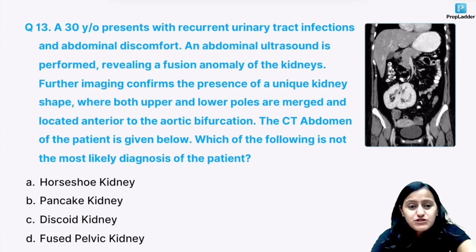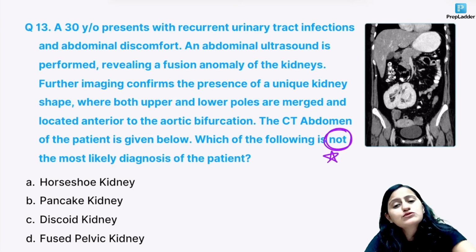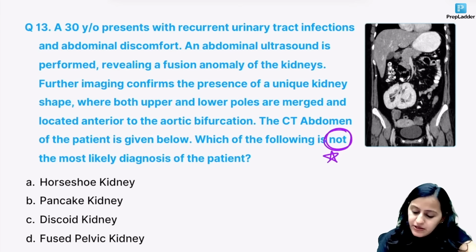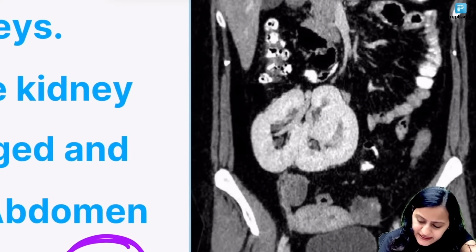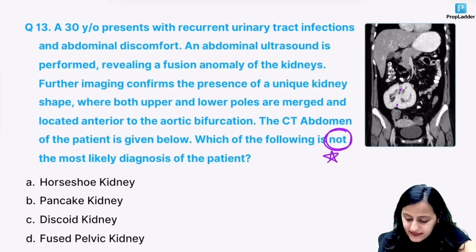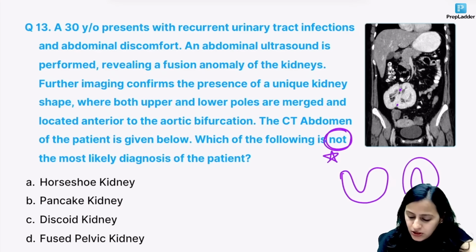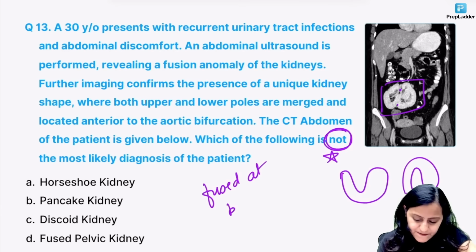The next image. Which of the following, read the question carefully, is not the most likely diagnosis? Look at the kidneys here. The kidneys are fused at the lower pole also, at the upper pole also. It is not just that the kidneys are U-shaped like this. They are not fused only at one pole, but they are fused at both the poles. Okay, agreed.